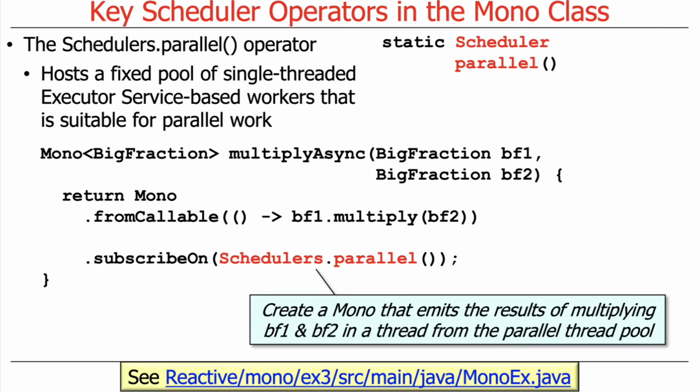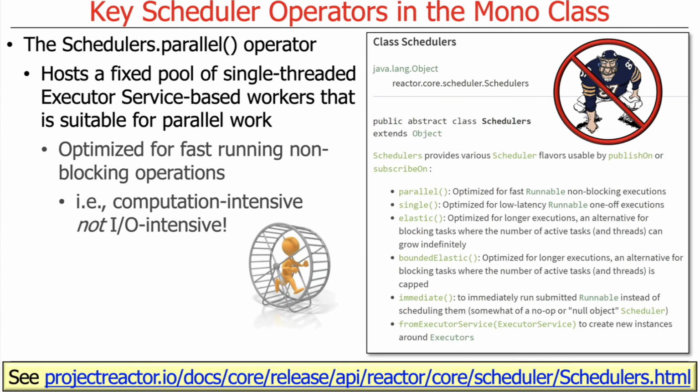And we're going to go ahead and multiply those two BigFractions together in some thread in the pool of threads. Now, it might not be apparently obvious from this simple example why this would be useful, why we're running in a parallel pool as opposed to a single-threaded pool, because we're just doing one multiplication. But wait just a moment, and I'll show you how this typically gets combined in practice to actually do something useful in a parallel pool of threads.